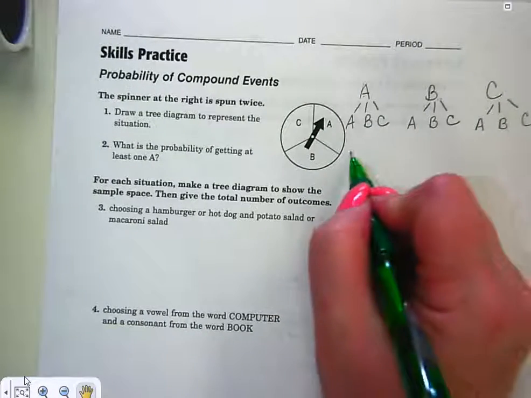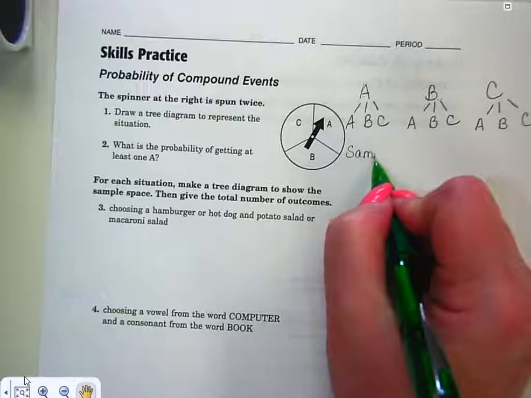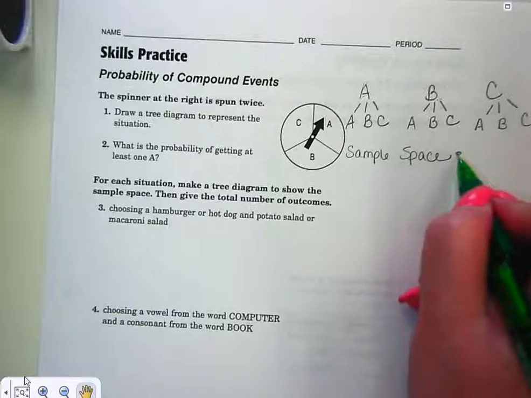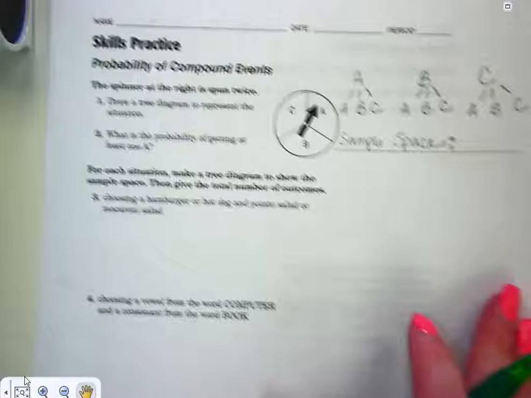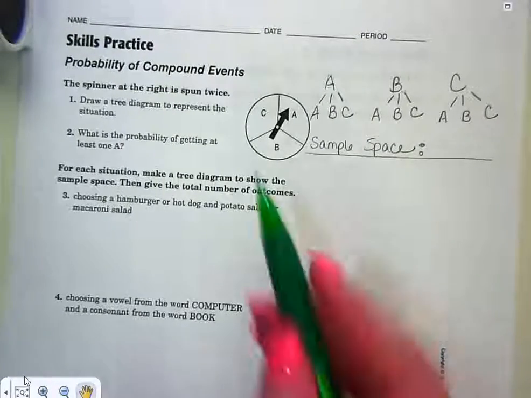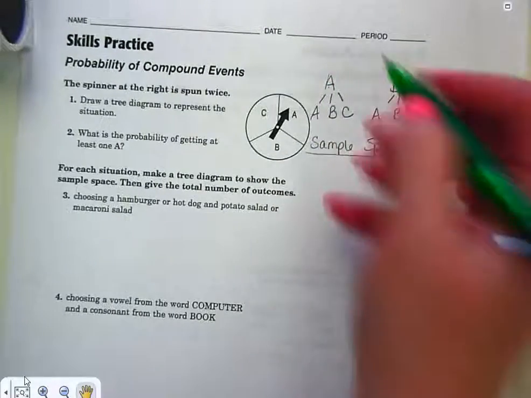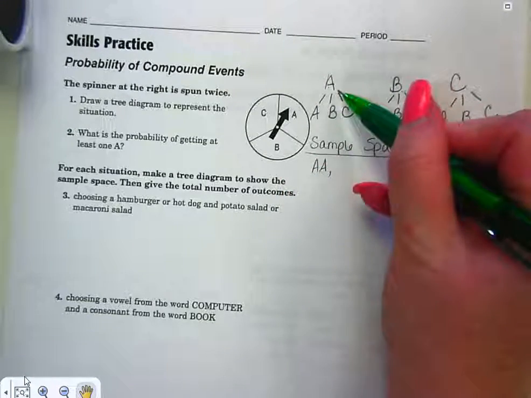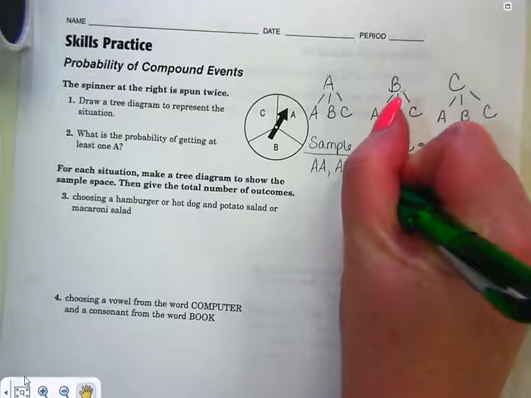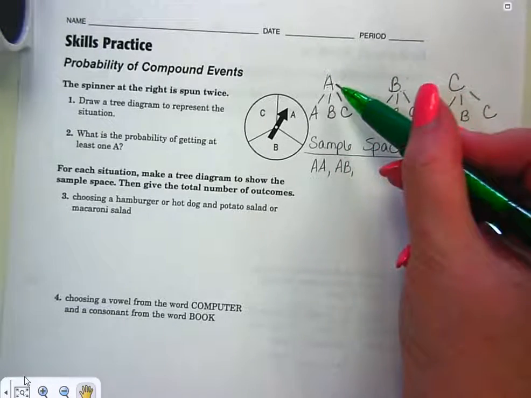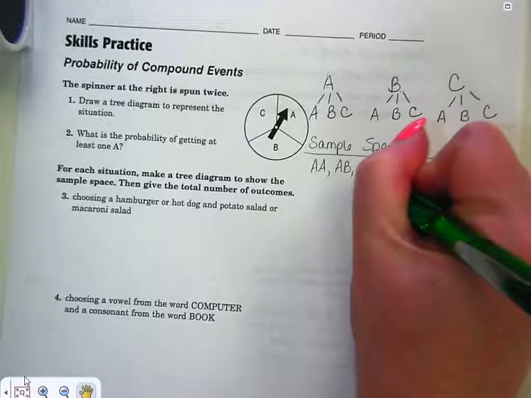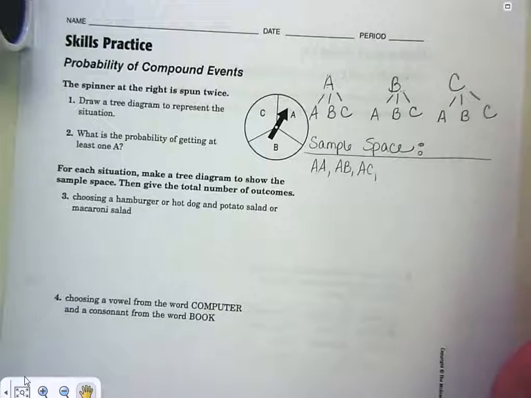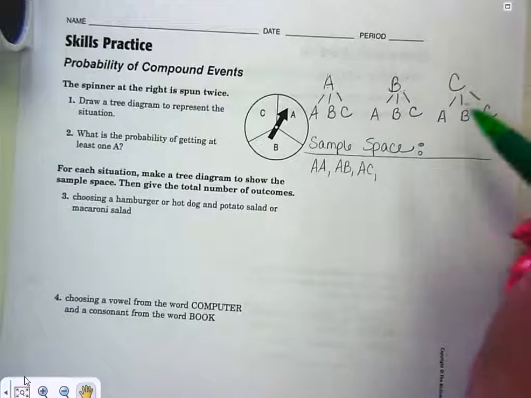So let's do our sample space. What would our sample space look like? What are all the different outcomes we could have? So we could get AA, we could get AB, and we could get AC. So right here, there are 3 outcomes, starting with A. Then what could happen?